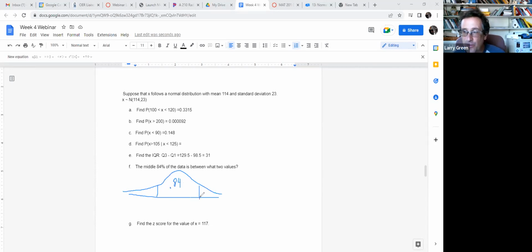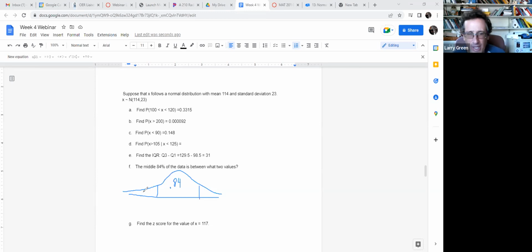Any questions so far in the picture? All right, who could tell me what this area is on the left? The area is always positive. Area can't be negative.